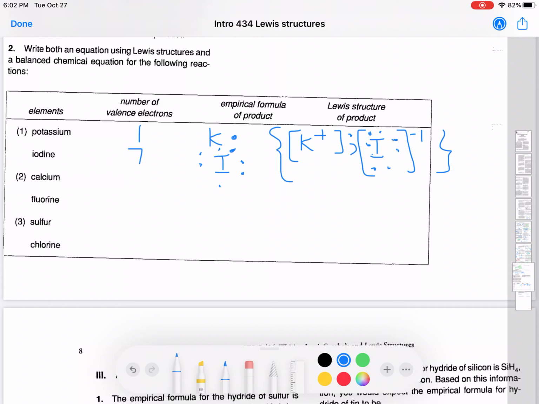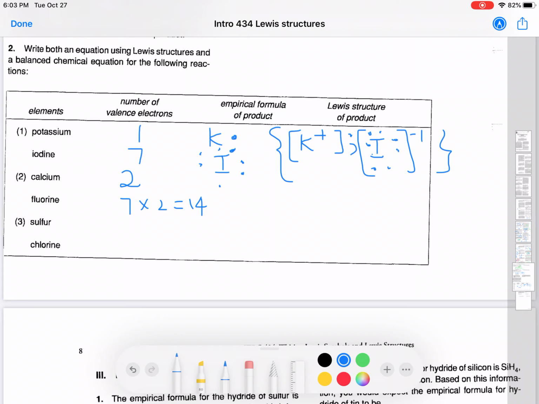Potassium iodide. And then the next one, calcium, number of valence electrons. Calcium is in group 2, so 2. And then the fluorine, number of valence electrons. If you take 1 fluorine, it would be 7. But if you're going to use 2 fluorines, it's going to be 14.